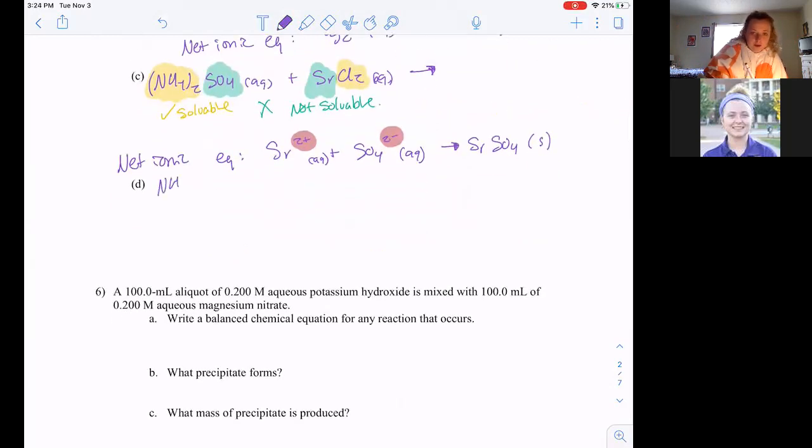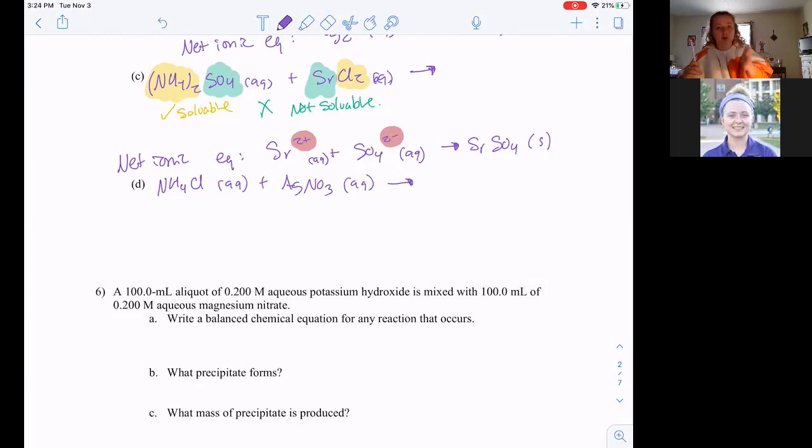Okay, now I feel way better at explaining this. We have NH4Cl aqueous plus AgNO3 aqueous. Like I said, NH4Cl is soluble, which I talked about on the last one.